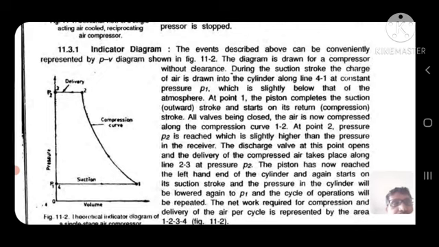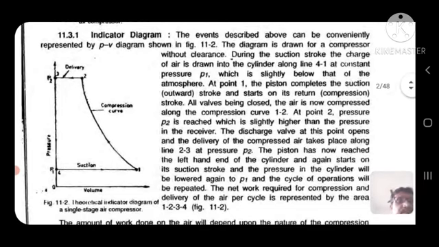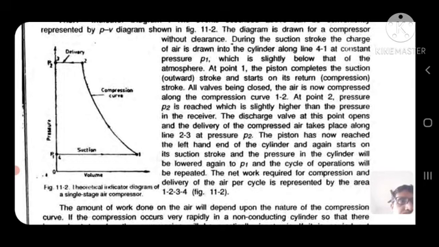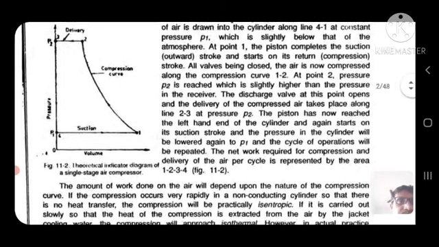The diagram is drawn for a compressor without clearance. During the suction stroke, the charge of air is drawn into the cylinder along the line 4-1 at constant pressure P1, which is slightly below that of the atmosphere.